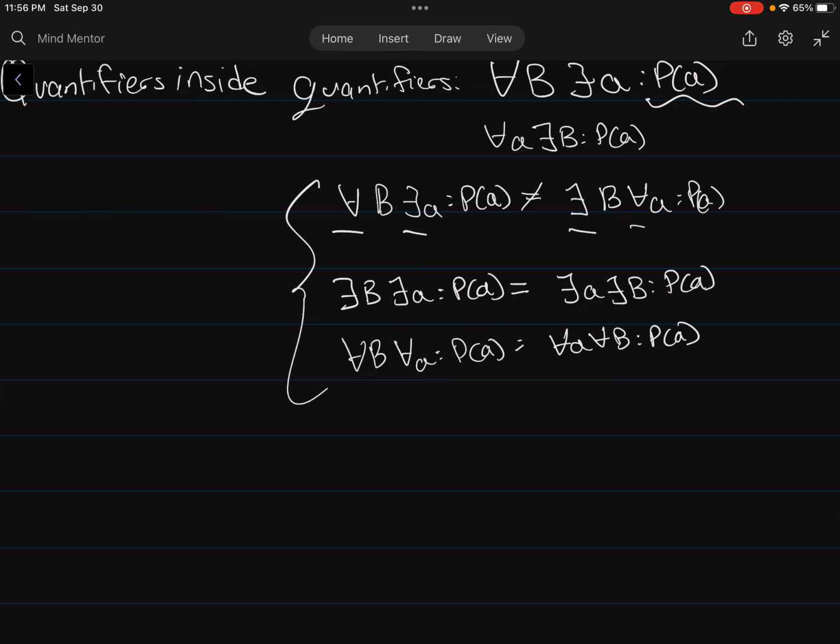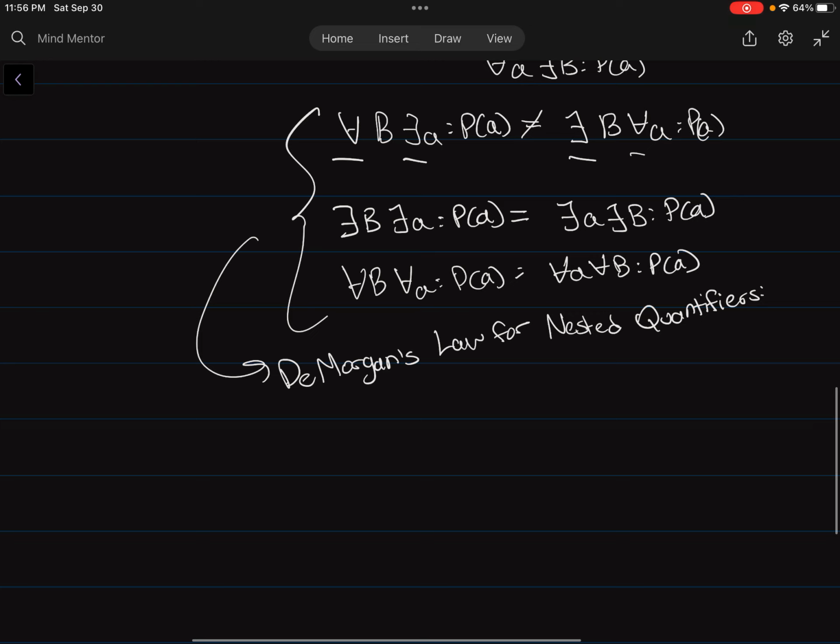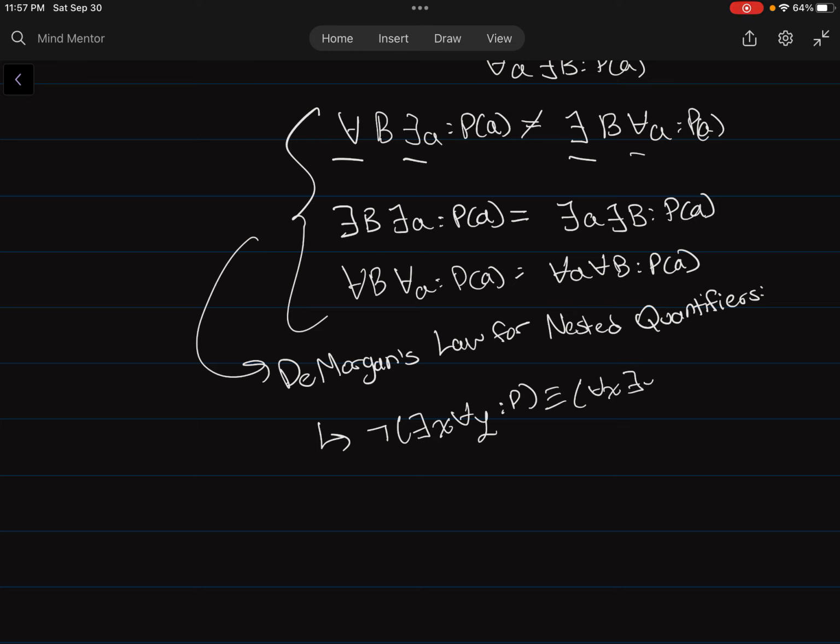So that brings us to the final thing we're covering in this video, which is De Morgan's law for nested quantifiers. So the third and probably the final variation of De Morgan's law, which we will be looking at in this series, De Morgan's law for nested quantifiers basically says that the negation of there exists X for all Y such that P is logically equivalent to saying for all X there exists a Y such that not P, right?